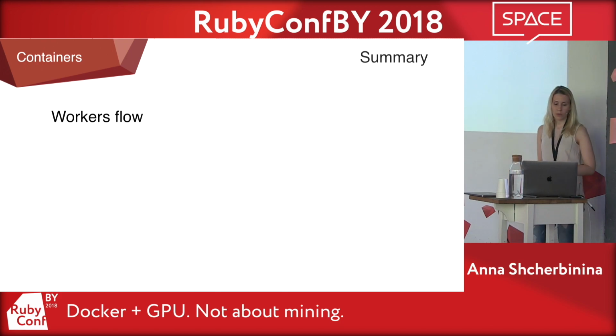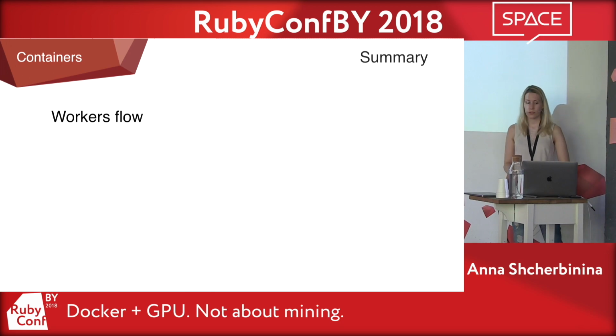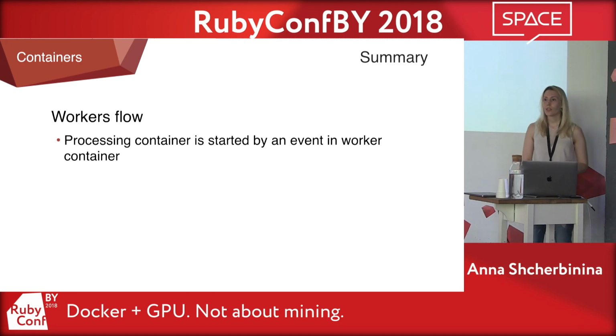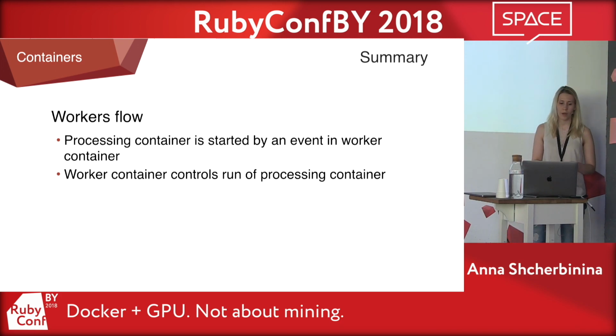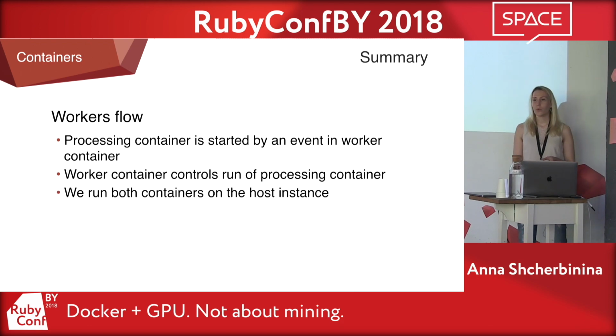So to perform background jobs, we are dealing with two containers. The processing container is being launched by the worker container. The worker container fully controls the flow of the processing container and can just kill it if it runs out of time. We run both containers on the host instance.